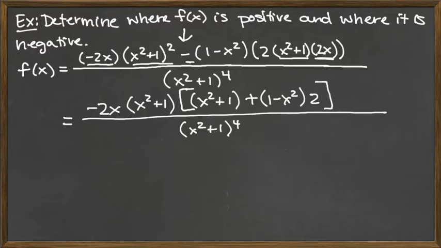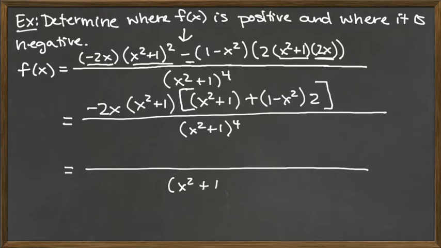I can go ahead and clean up what's in the big brackets by distributing and gathering like terms to finish up my factorization. Again, I'm going to draw my long division line, and I'm going to remember my x squared plus 1 raised to the 4th power. It's going to be there on the bottom. Then I have my negative 2x, my factor x squared plus 1.